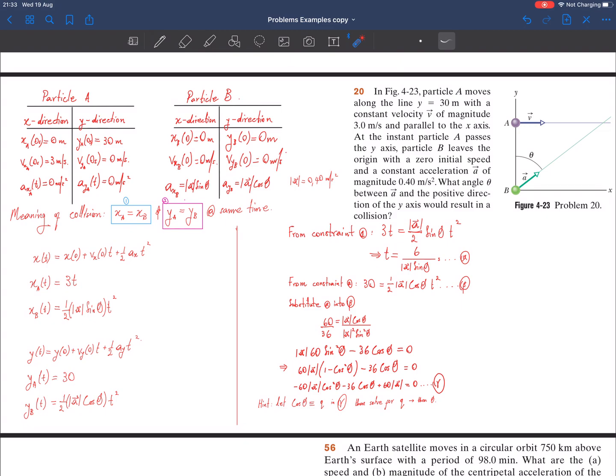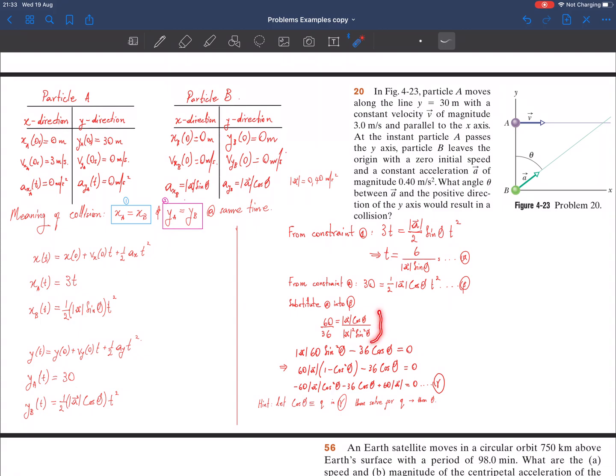Again, we want these two conditions to be true at the same time. Well, we know at what time the sameness of the x positions occurs. It's at that time. So now let's substitute this t into constraint number 2. Basically, substitute alpha into beta.